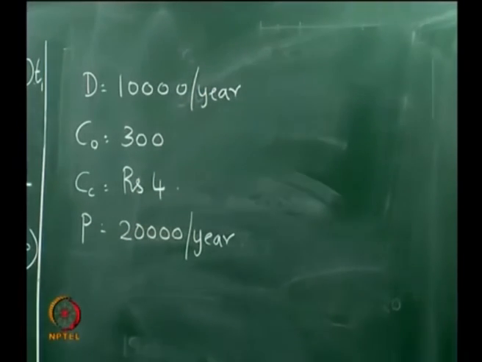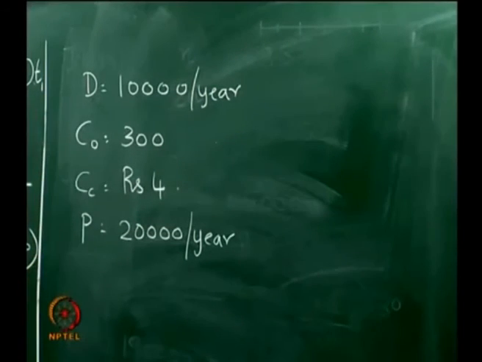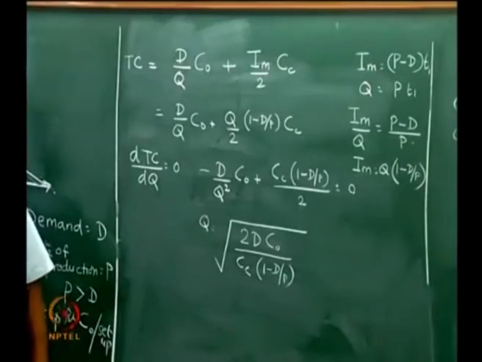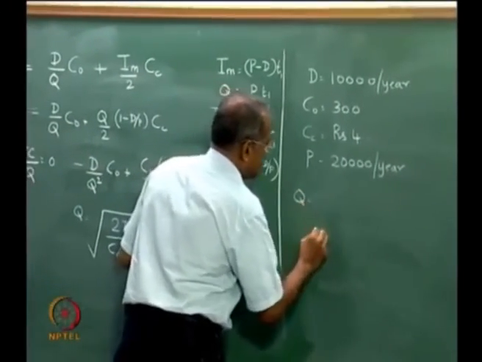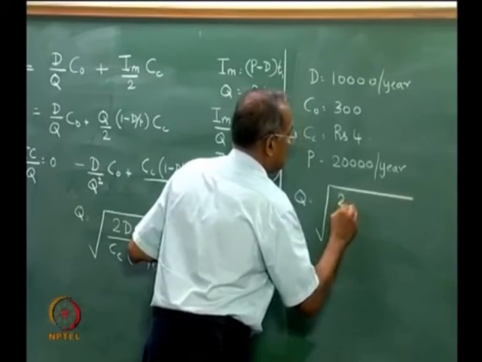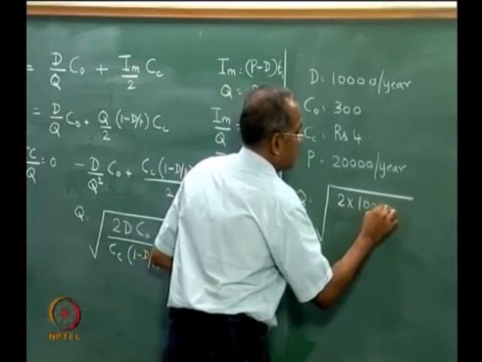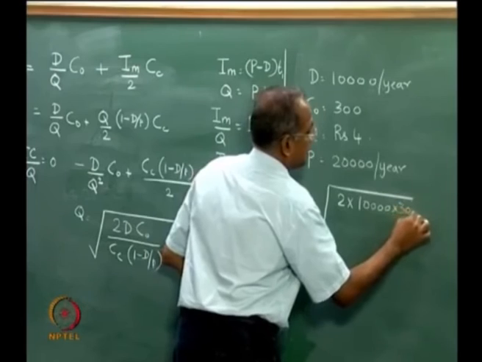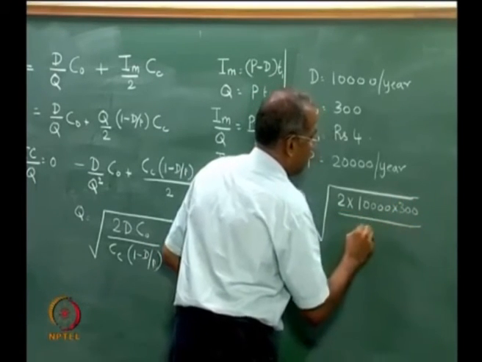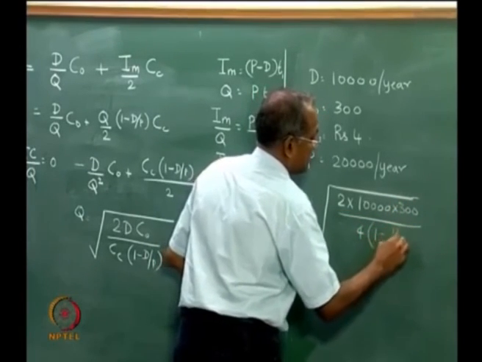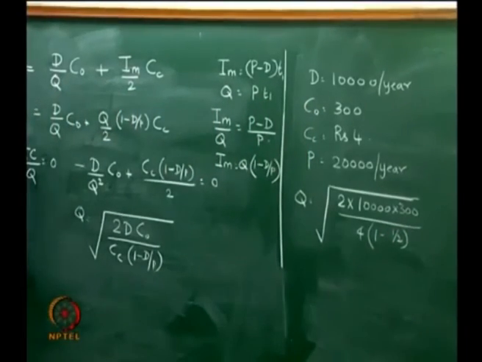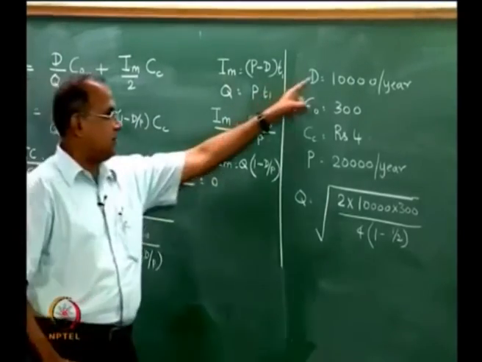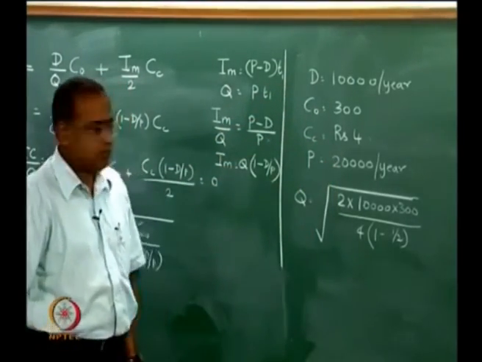Now, note that D and P should have the same unit because we have a 1 minus D by P coming in. So, if D is per year, P is also per year. So, Q, the economic batch quantity, is given by root over 2 into 10,000 into 300 divided by 4 into (1 minus D by P), or it is 1 minus 10,000 by 20,000, so 1 minus 1 by 2.